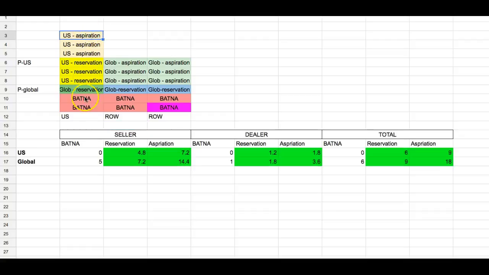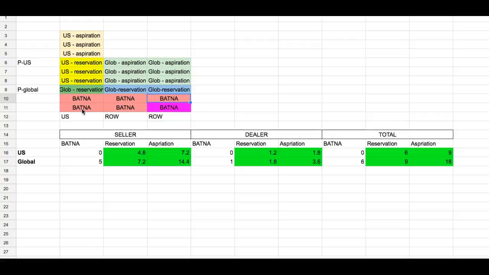Okay, so what we have here is in the left column we have the US patent. So this is from the seller perspective. So his bet now is 5 million, right? So every cell is 1 million. His bet now is 5 million and 1 million for the dealer.